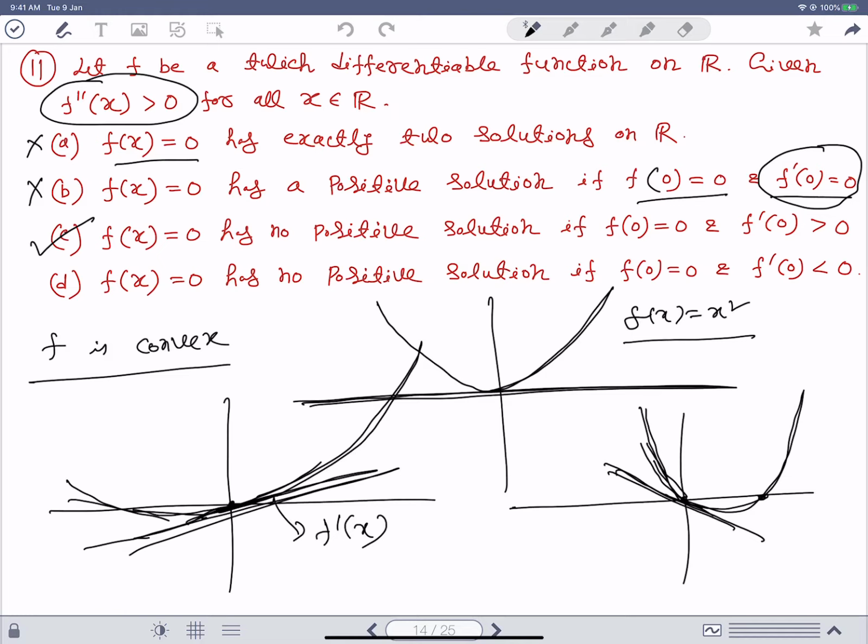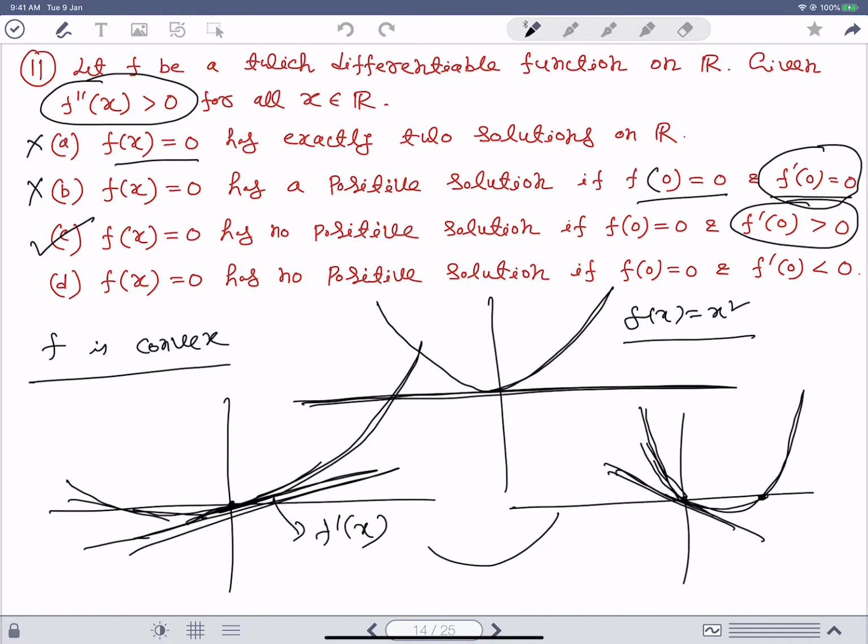Okay, someone says please explain option C one more time. See, what does that mean? First of all you have to remember that the function is convex. I will explain what convex means; it is kind of this, and I will give the proper definition. And also it says that the tangent is positive at 0.